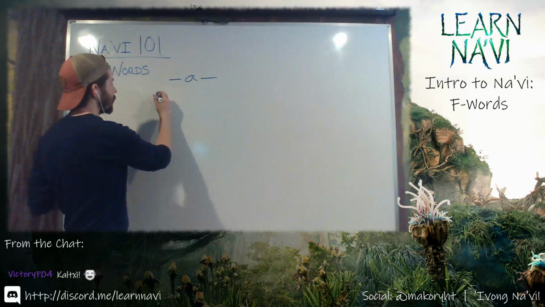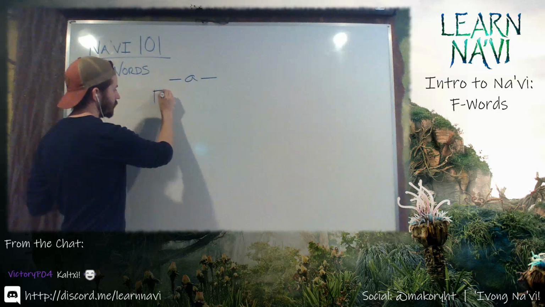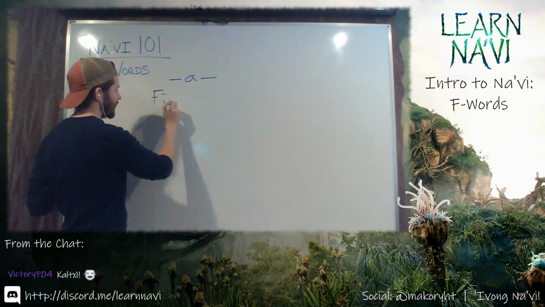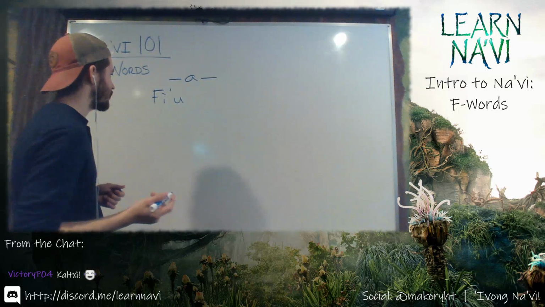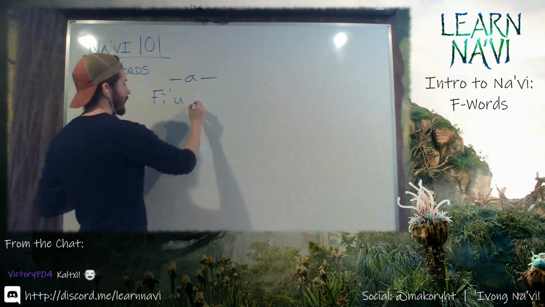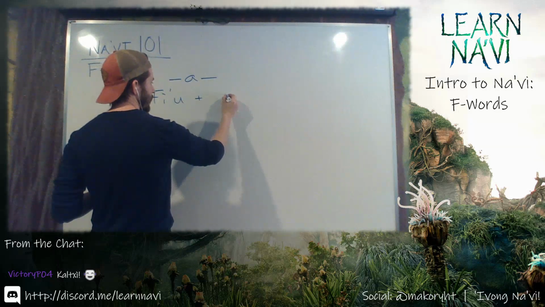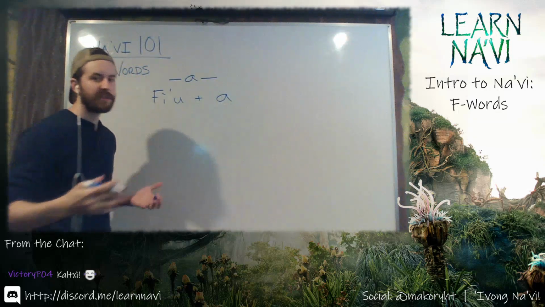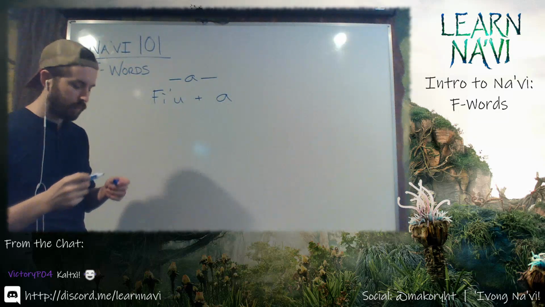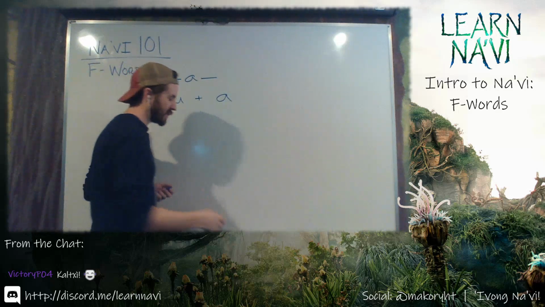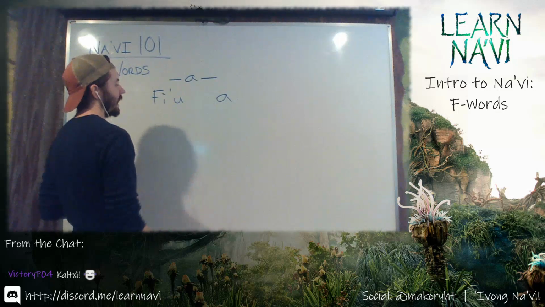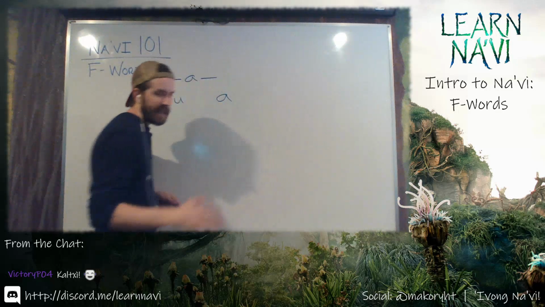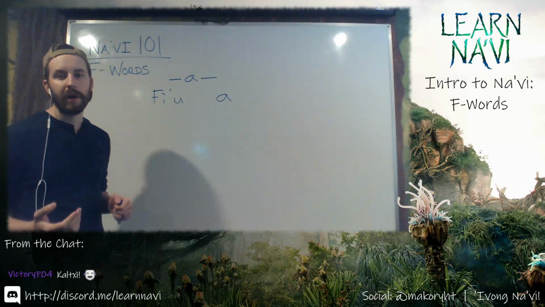How they're constructed: we use the word fi'u, the Natfi word for this, specific to inanimate objects, as we were just talking about in the Discord today. And it adds the attributive particle as its own standalone letter or word. It's a particle, so it's not technically a word, it doesn't actually have a meaning, it's just indicating something. So what you've got then is fi'u'a as the base form of our F words.